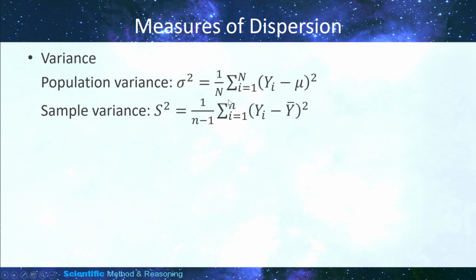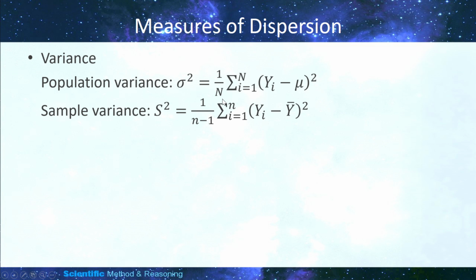So we simply draw a random sample of size n, and we denote the observations by y1 up to yn, small n. Here the population mean mu is unknown, and therefore we estimate it by the sample mean, and that's why we have this term.